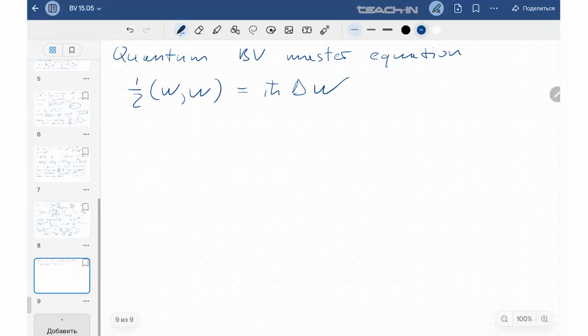So you see, it's like a correction of a classical one. So if we set h bar to 0, we get just the classical equation. In fact, this can be made more precise.